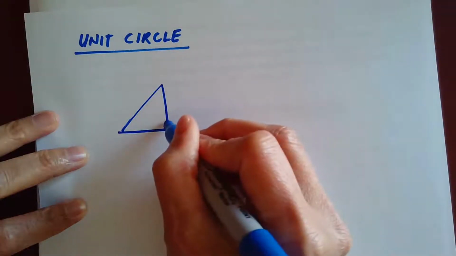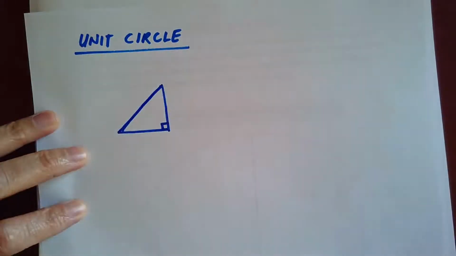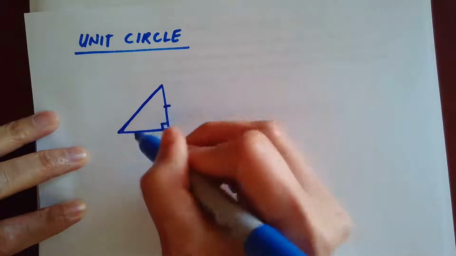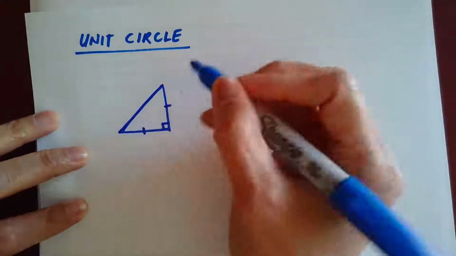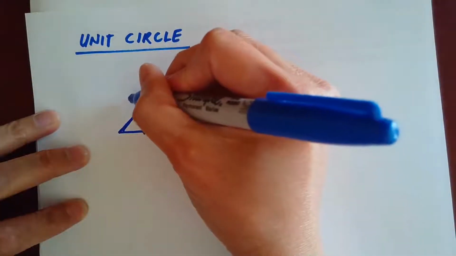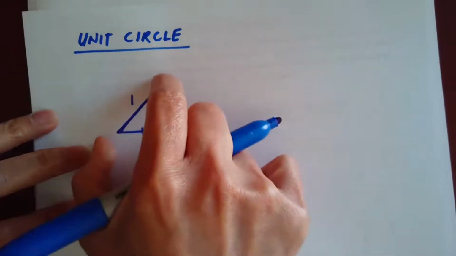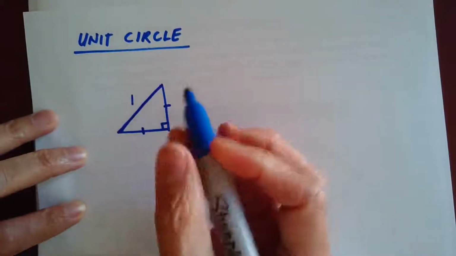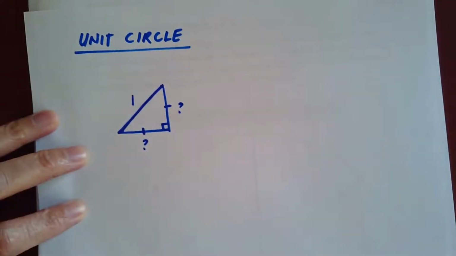It's a right angle triangle, and isosceles means that this side and this side are equal to each other. Because we're talking about a unit circle, this line here is going to be 1 unit. So what we're trying to figure out is what is this length and what is this length.